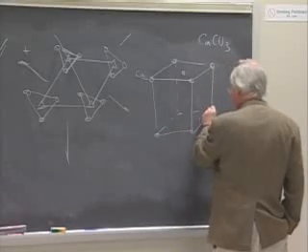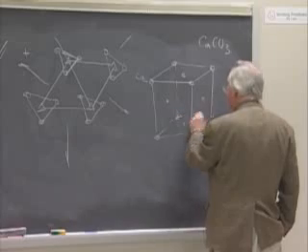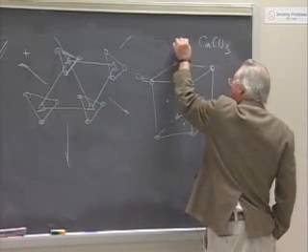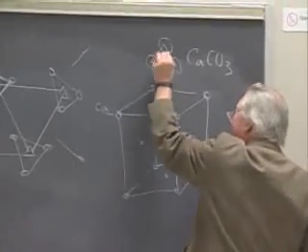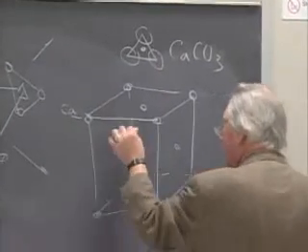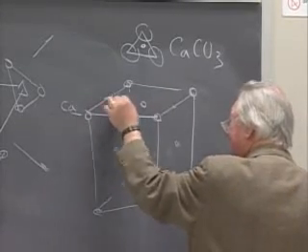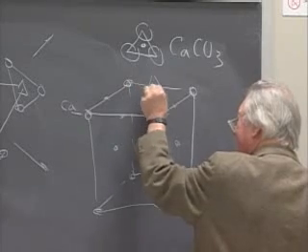And the calciums are in a face-centered cubic arrangement just like in rock salt. The carbonate groups are very tightly bonded little triangles with the carbon in the middle. And these things are arranged on the edges of the cell, and this is going to be very schematic.